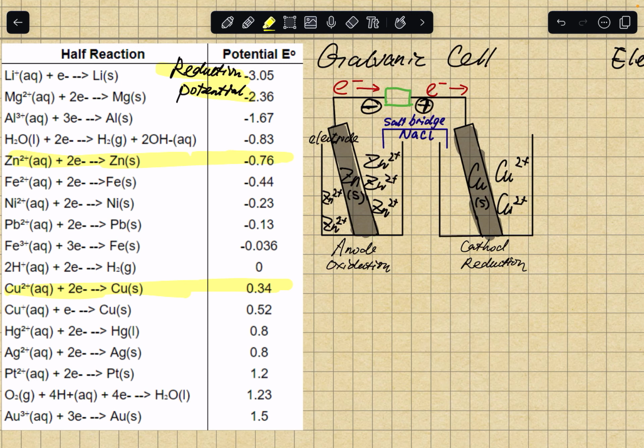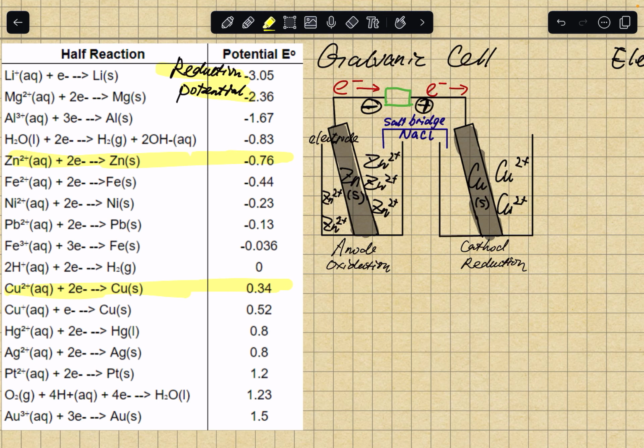By saying that copper has a higher reduction potential than zinc, we mean that copper is more likely to be reduced than zinc. Reduction means gaining electrons, so we can also say that copper, with a higher reduction potential, is more likely to gain electrons than zinc.